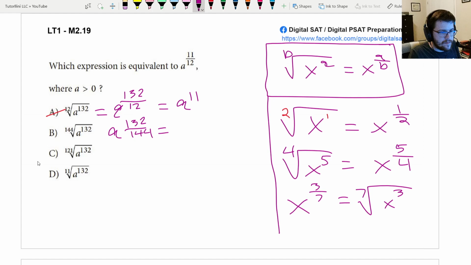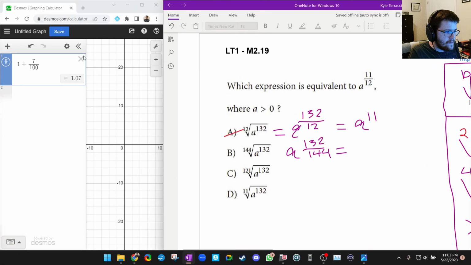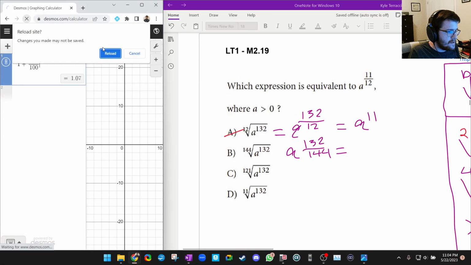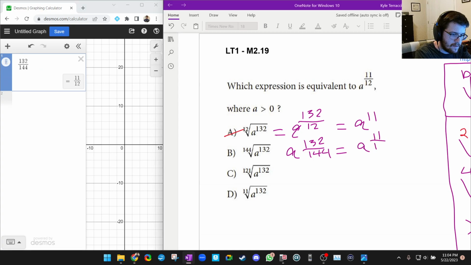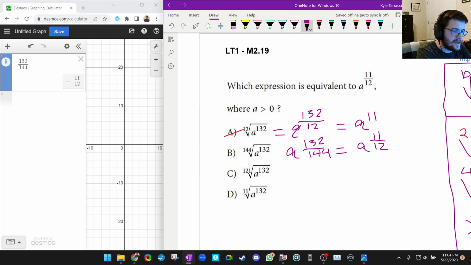Let me show you guys, you can do this on Desmos too. I'm doing it on my own calculator. Why don't I do the rest like this? 132 over 144, and then click on the fraction button. That's 11 over 12. That's the answer because it matches that one, right?